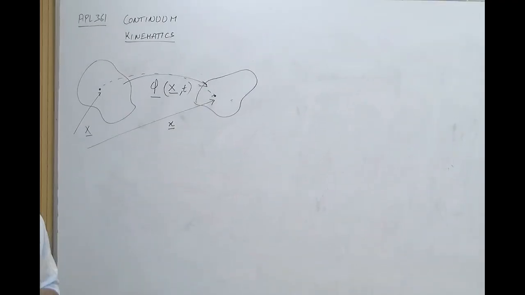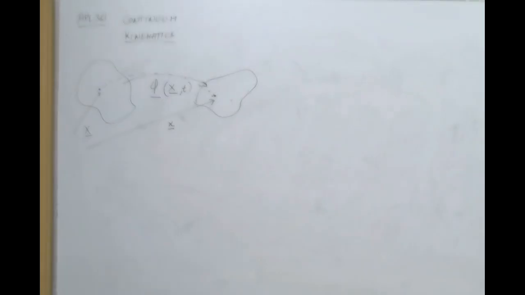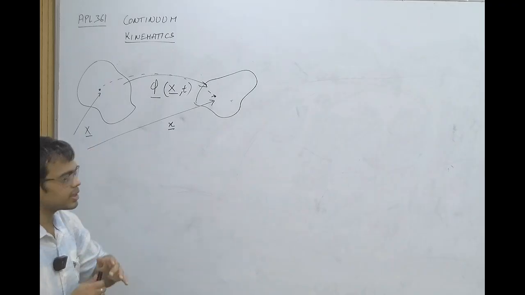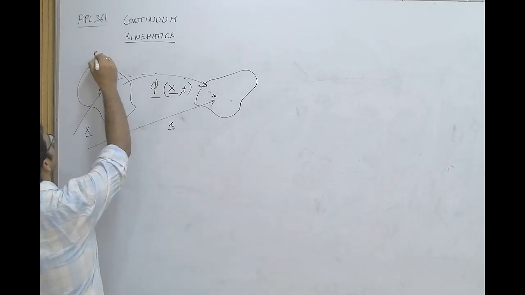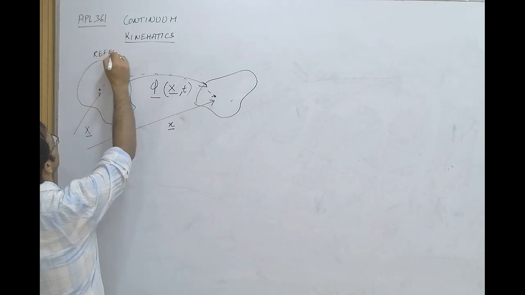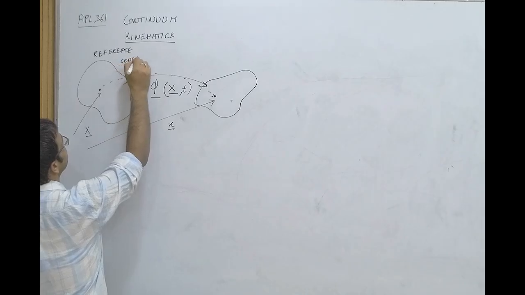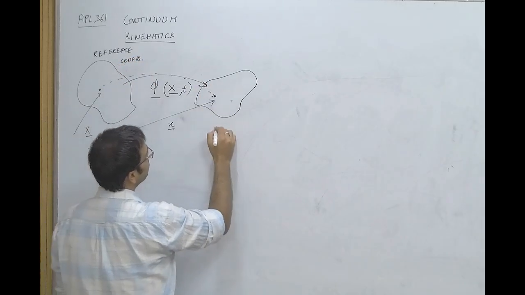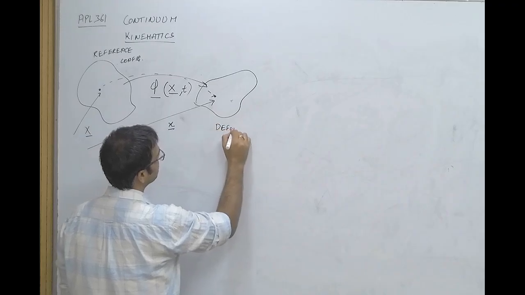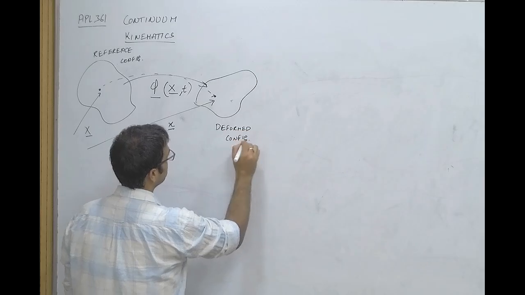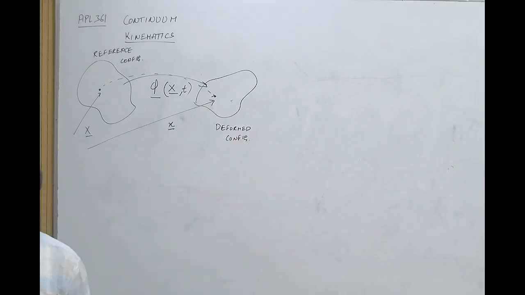Whenever we talk of deformable media, it is important to entertain the fact that you start with some configuration, let us say the reference configuration, and you go to the deformed configuration at some time t.